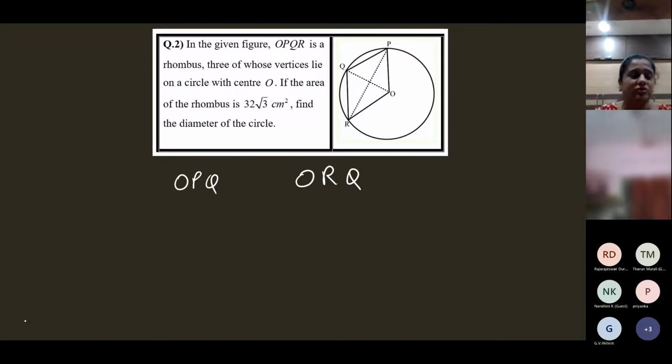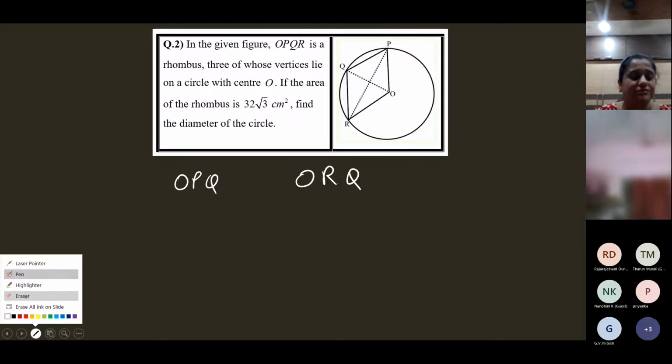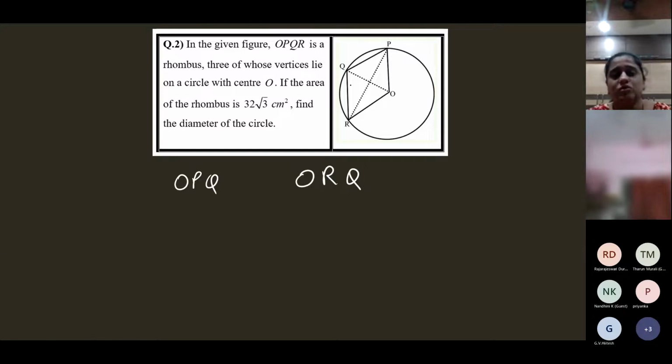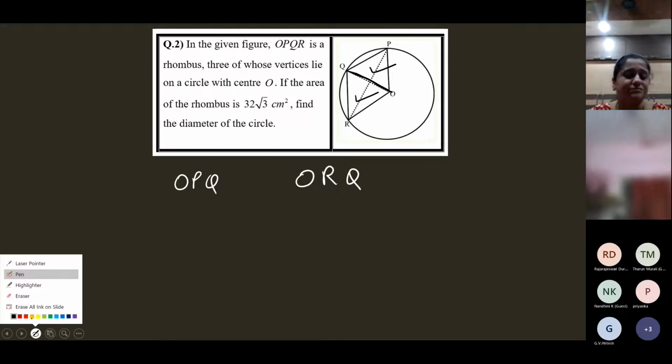They are the two triangles on either side of the diagonal OQ. We are going to show that these two triangles are equilateral. How?